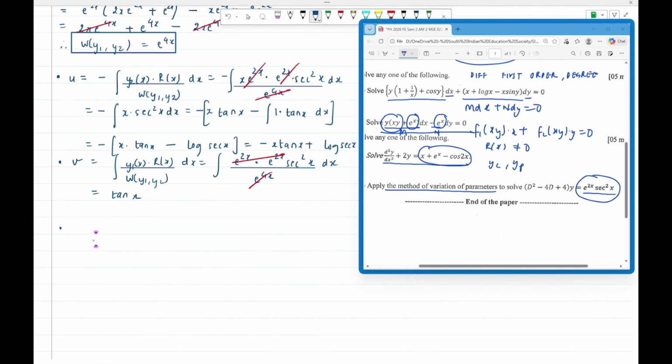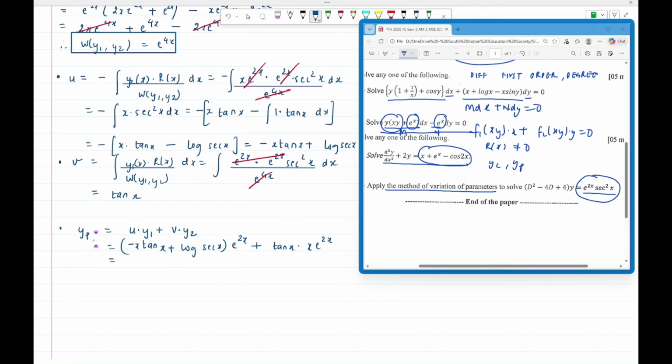Since we have got u and v, now we can talk about the particular integral. The particular integral is given as u times y1 plus v times y2. So that's going to be negative x tan of x plus log of sec of x times y1. y1 was e raised to 2x, plus v, which is tan of x, times y2, which is x times e raised to 2x.